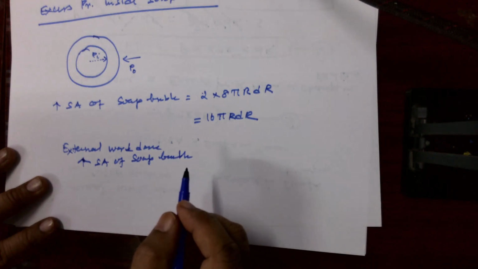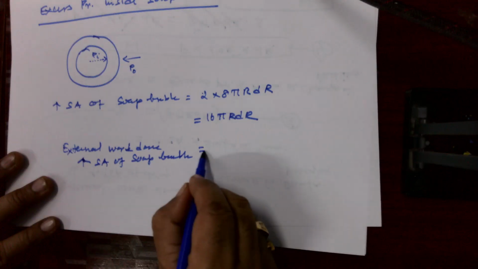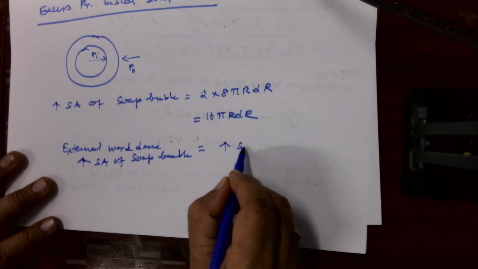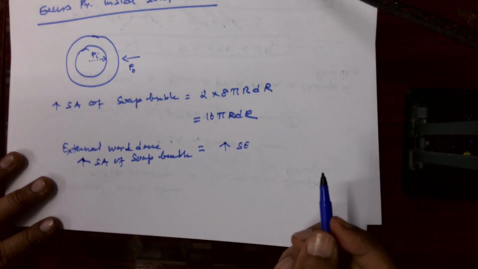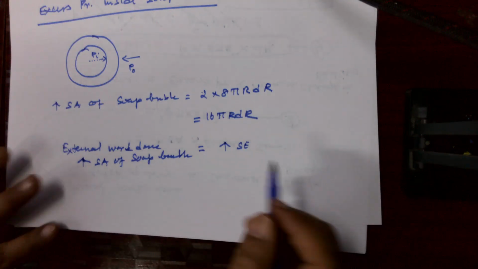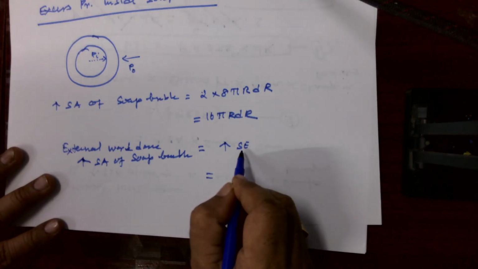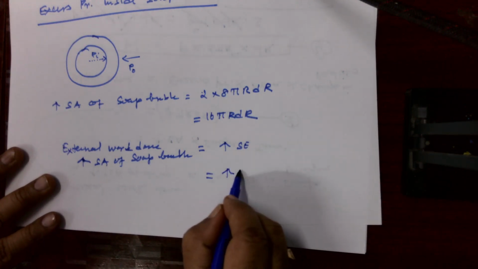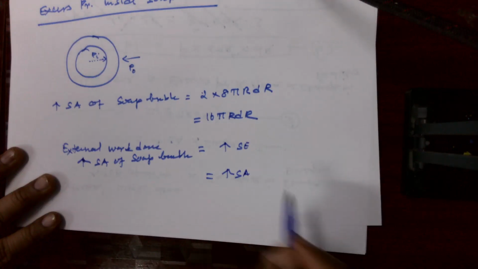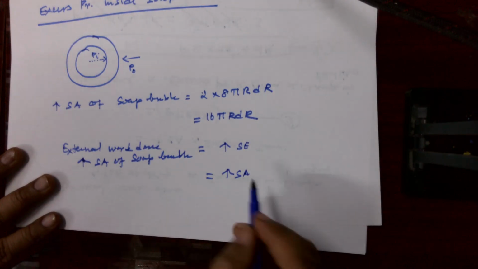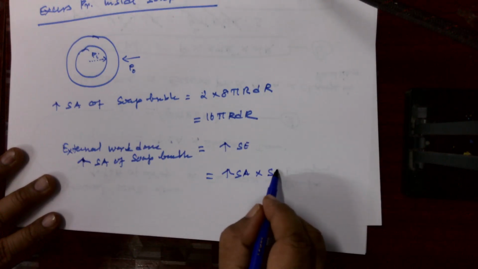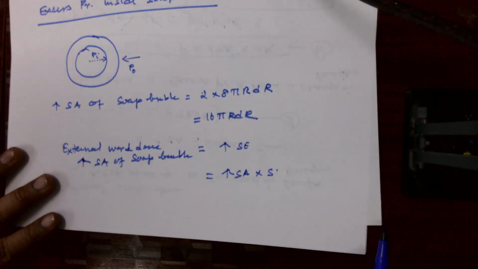Are you able to follow? It is the same logic: increase in surface energy. Theta. Increase in surface energy, and this increase in surface energy is nothing but the increase in surface area into its surface tension. Are you able to follow?